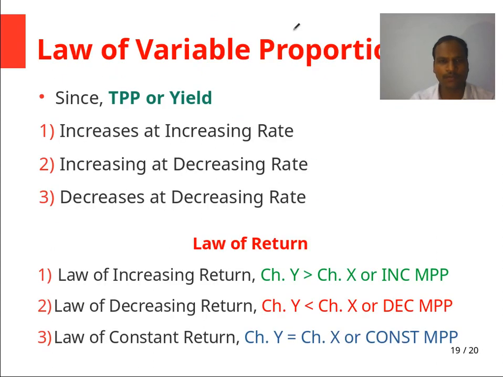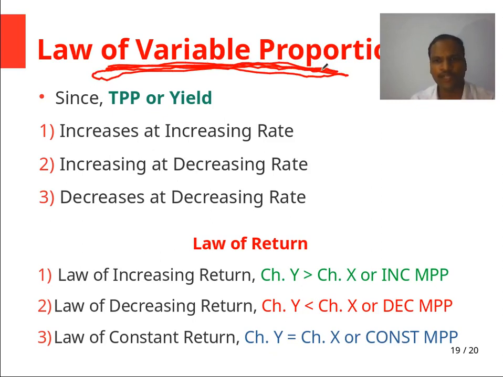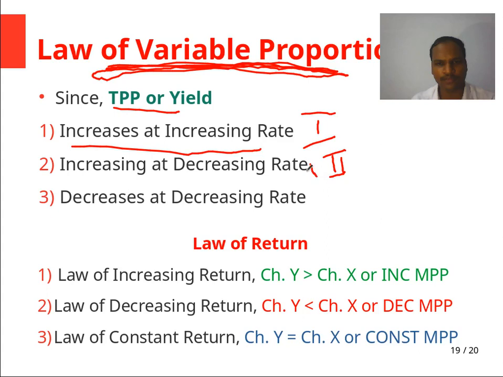Now this production curve, or this classical production curve, is also known as law of variable proportions, because we know that TPP or yield increases at increasing rate at the first stage, and it increases at decreasing rate in the second stage and some part of first stage also, and it decreases at decreasing rate in the third stage.